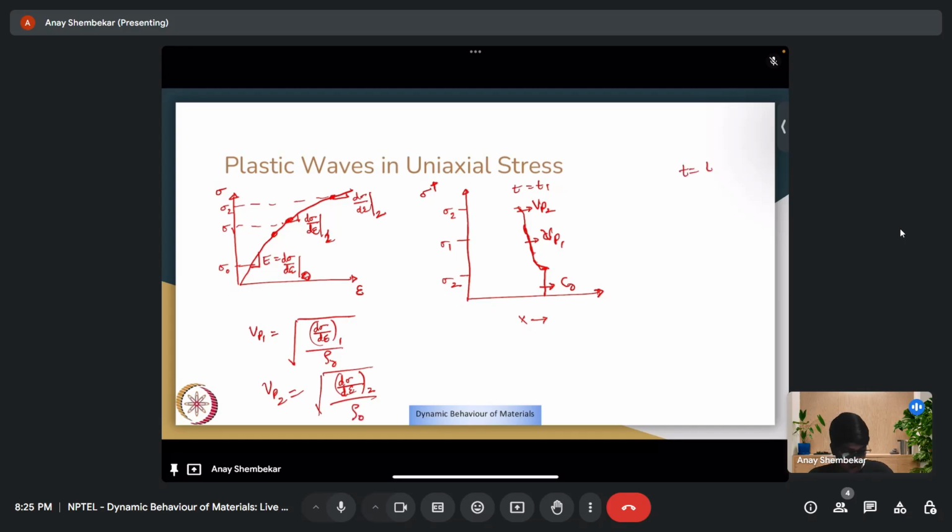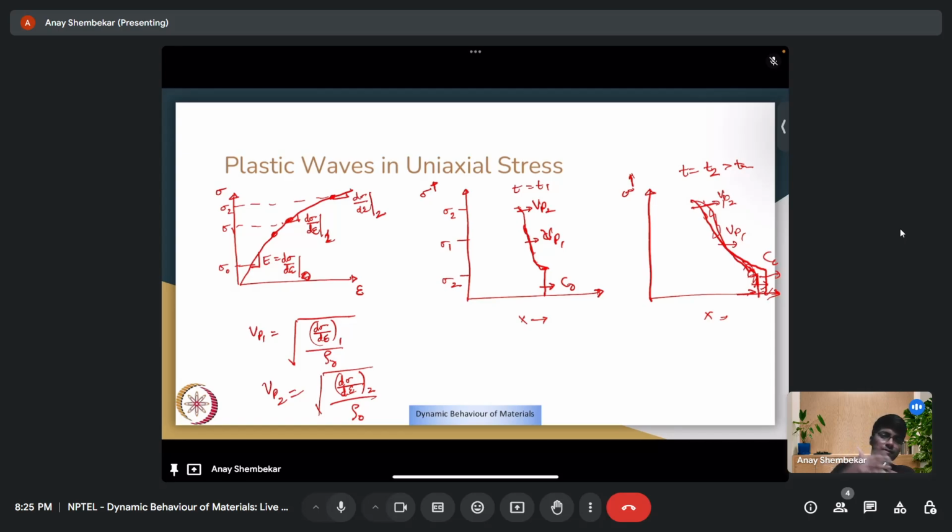If I plot it at another time, t2 greater than t1, sigma versus x, what I would see is a much gentler slope. So Vp2 is less than Vp1, which is less than C0.